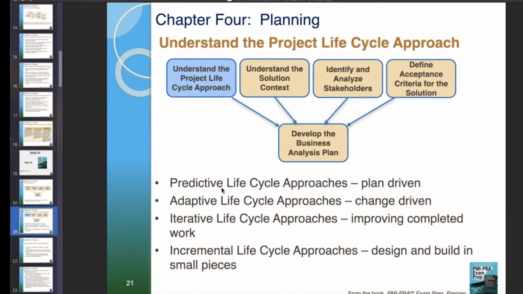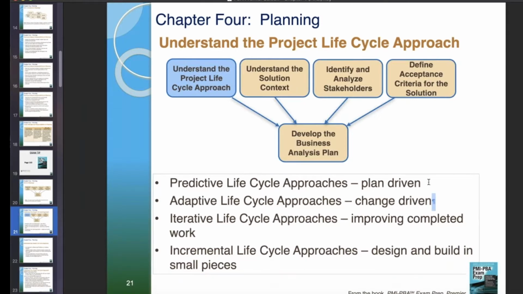Remember these words, predictive lifecycle approach is plan driven. What is predictive? Waterfall or traditional projects are predictive. Adaptive lifecycle approaches are change driven. They're talking about the work. In a predictive project, the work is well planned out. Adaptive, the work is change driven.